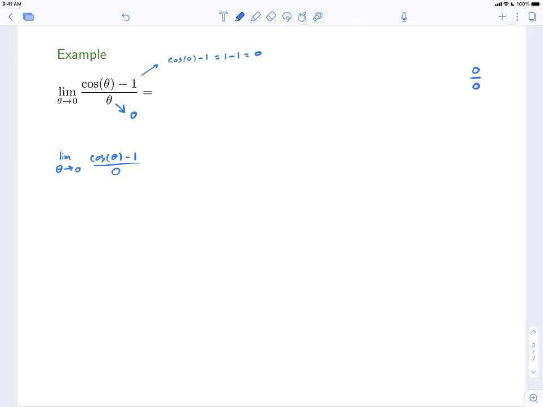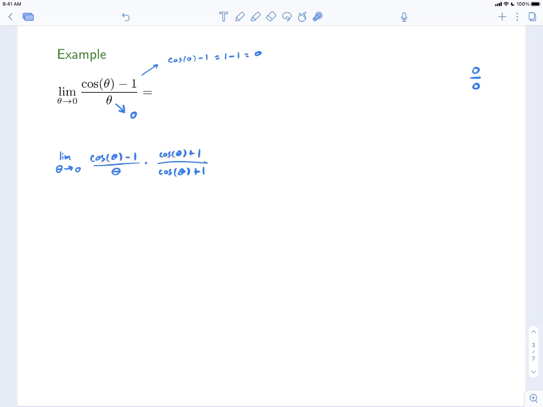We're going to multiply this by some fraction. And it's going to be the same thing in the numerator as the denominator, so we're really multiplying by 1. And the thing we're going to multiply by is cosine of theta plus 1. If we put it in the numerator, we have to put it in the denominator as well, cosine of theta plus 1.